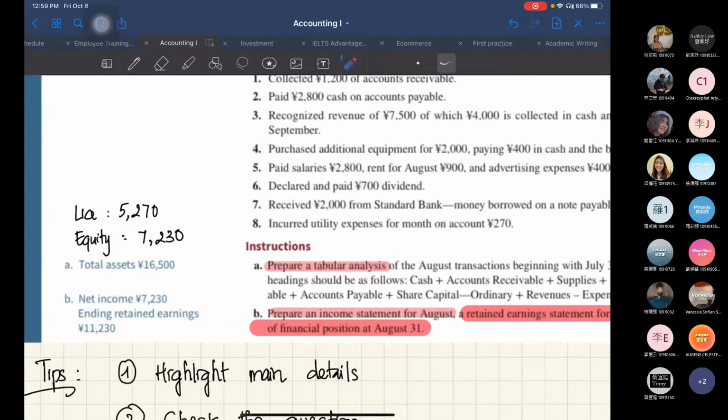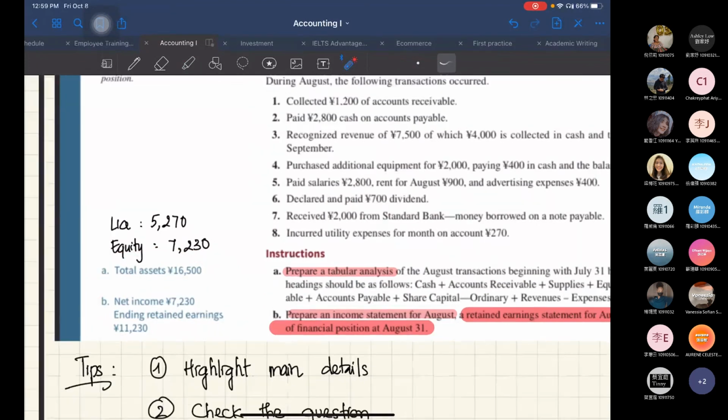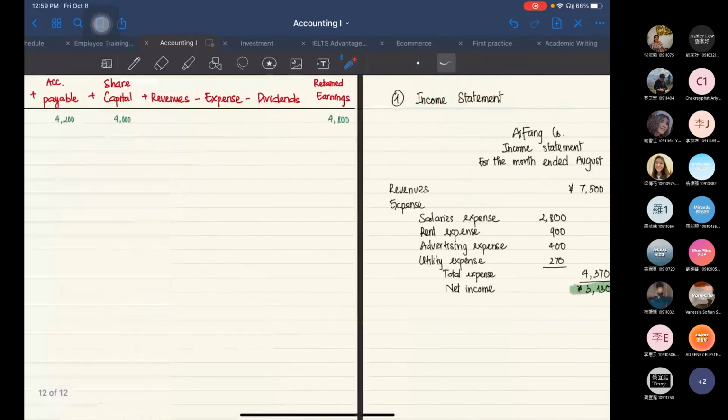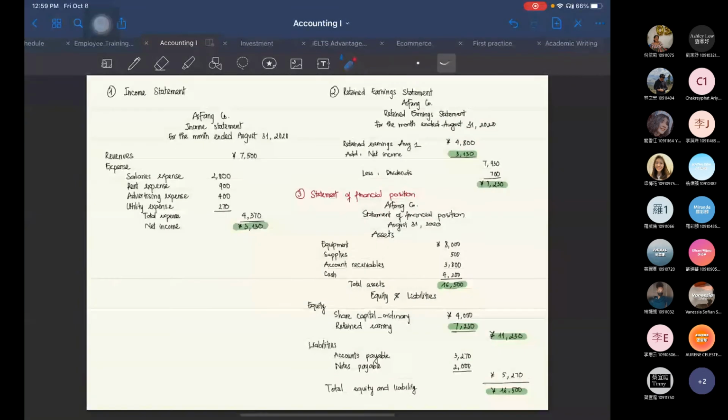After you finish, you go back and check with the hint. And remember, your accounts always balance, which means asset, equity, and liability are always equal. If they don't, you have already made some mistake. So go back and double check from the beginning.